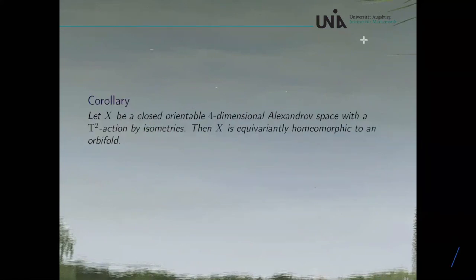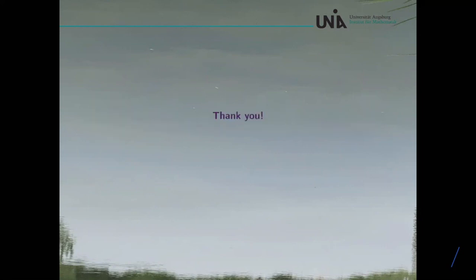So in the end, we have this corollary that if X is a closed orientable four-dimensional Alexandrov space with a T2 action, then X is equivariantly homeomorphic to an orbifold with a smooth T2 action. And by that, I finish my talk.